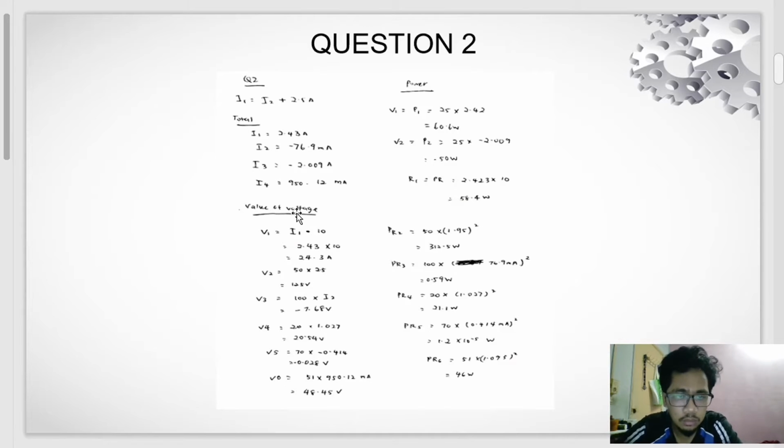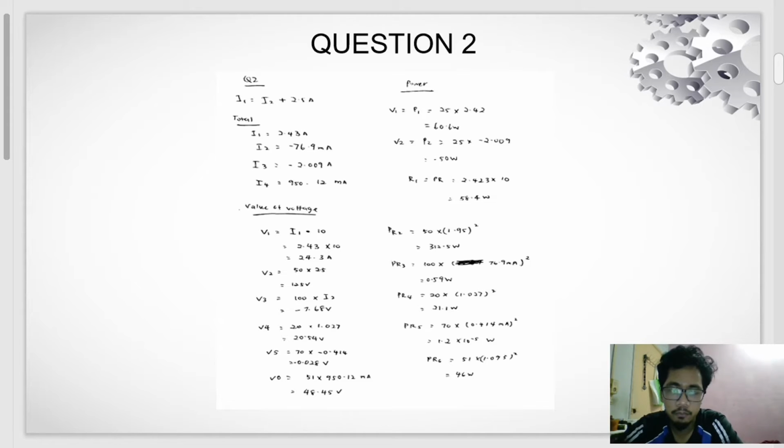So the values of voltage: the first one is 24.3 volt. The second one is 135 volt. The third one is negative 7.68 volt. The fourth one is 20.54 volt. The fifth one is negative 0.028 volt. The last one is 48.45 volt.